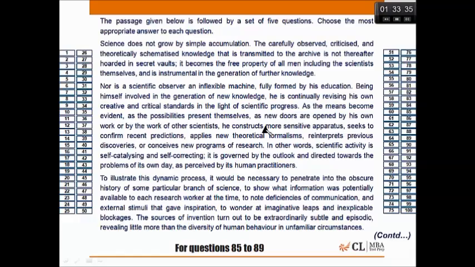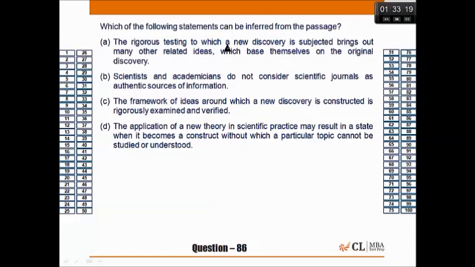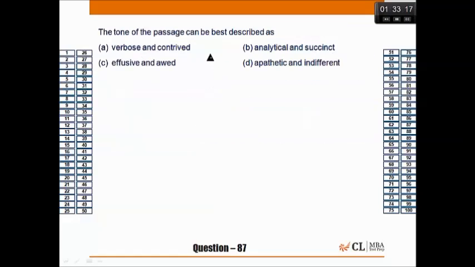Okay, let's check 85. So, what is the question? Which of the following is not part of the process? Which of the following can be inferred from the statement?